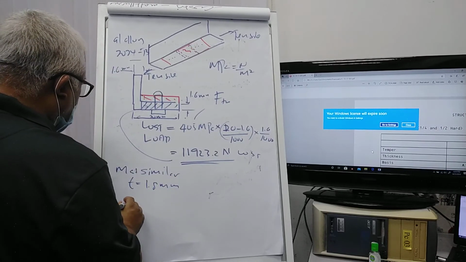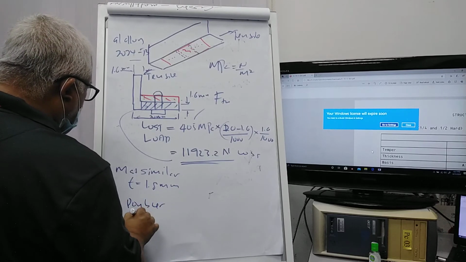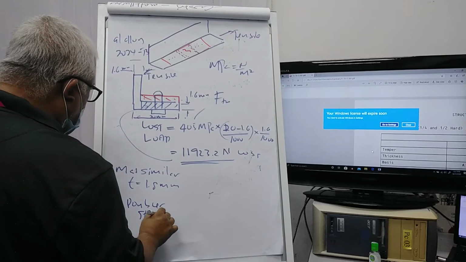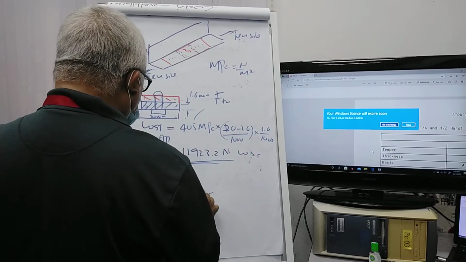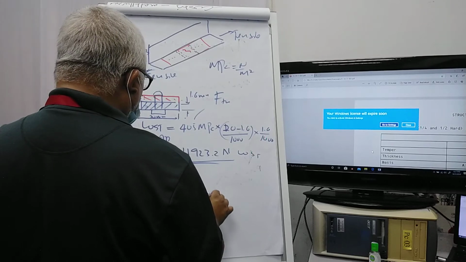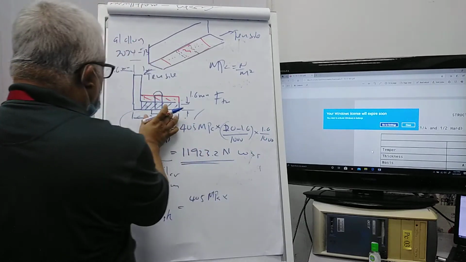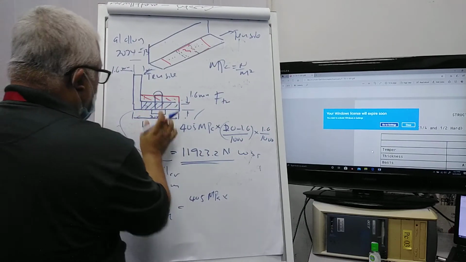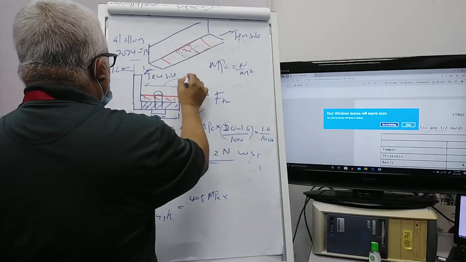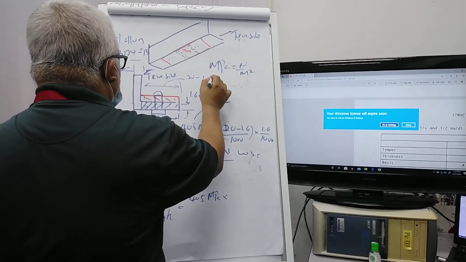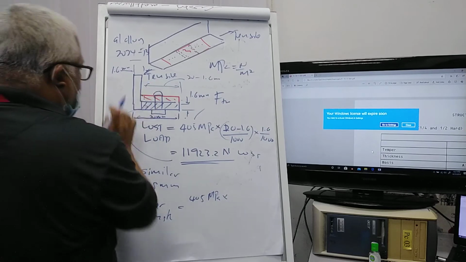What we get is the doubler strength. Doubler strength, we have agreed 405 megapascal. Now you multiply by, here is still 20 minus 1.6 mm, because this remains 1.6.